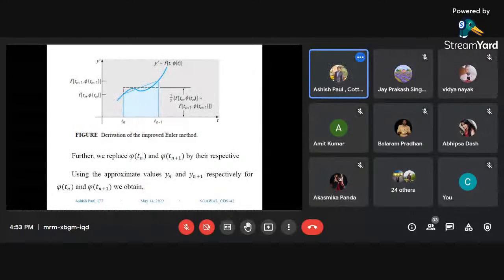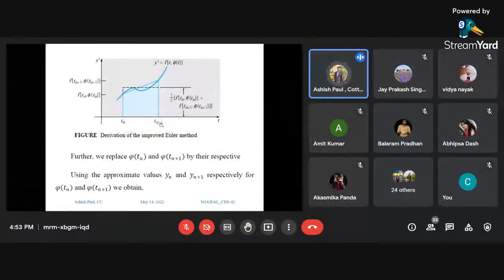Let me discuss this particular diagram. Here tn and tn plus 1 are two neighboring points, and the gap between tn and tn plus 1 is h. H may be equal to 0.1 or 0.0001.